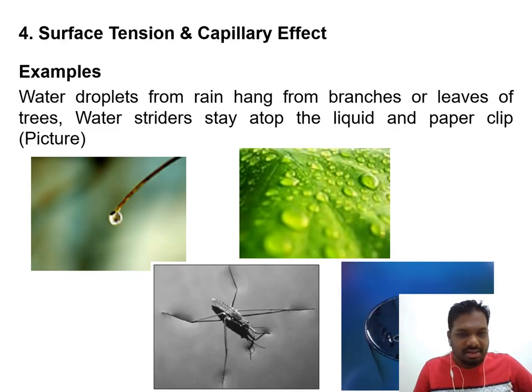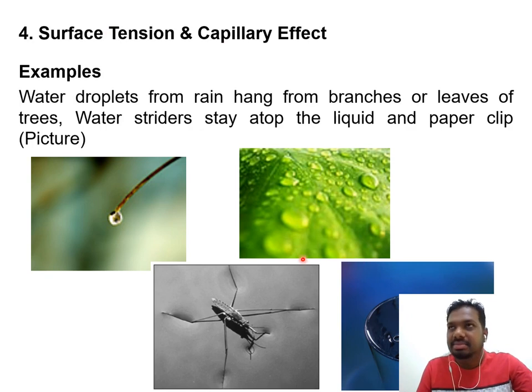Without wasting our time, we will enter the fourth physical property of fluid, which we call surface tension. You can see here the surface tension and the capillary effect. You can see this example, a water droplet.